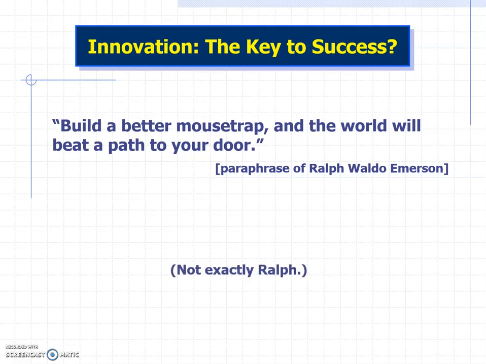Well, actually, not exactly, Ralph, because the world is full of poor inventors. And also, if you try to take that invention and commercialize it, it's not easy to do, especially for individuals or small companies that maybe don't have a lot of resources.